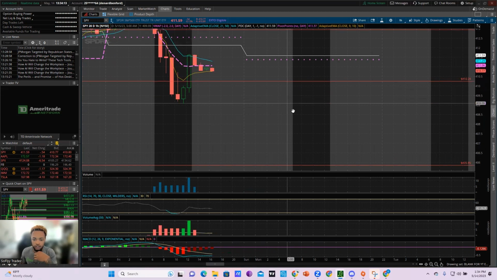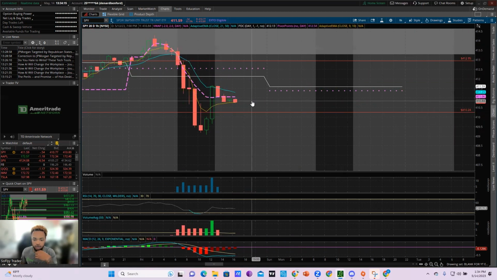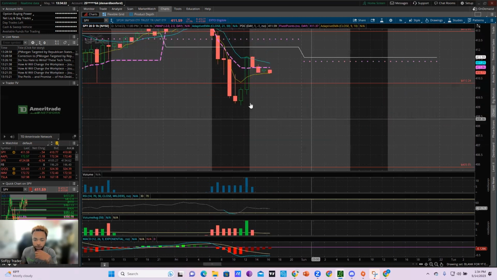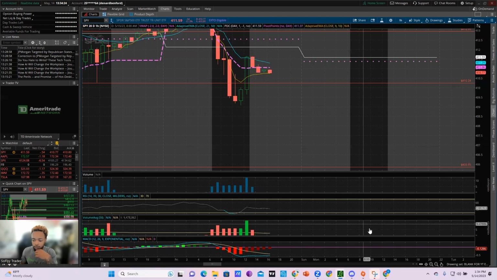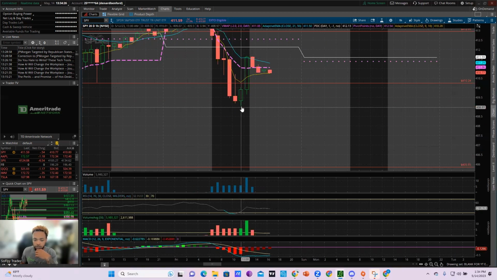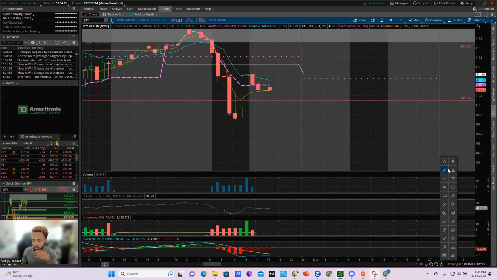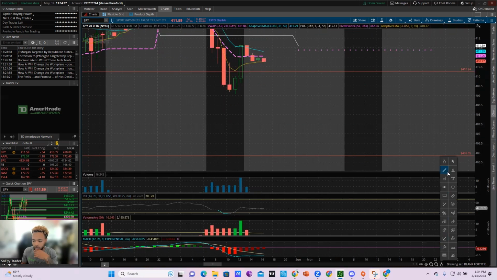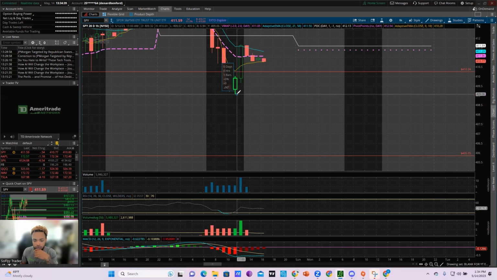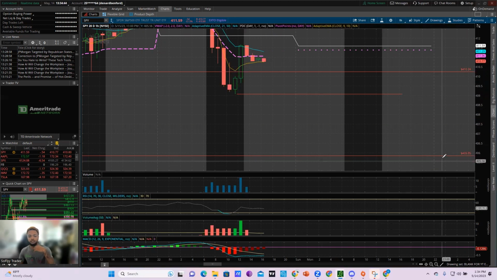But yeah, I really want to see this break and retest to make a lower low on our hourly time frame. Yep, a lower low. I'm going to mark this in here, past that 409 area.